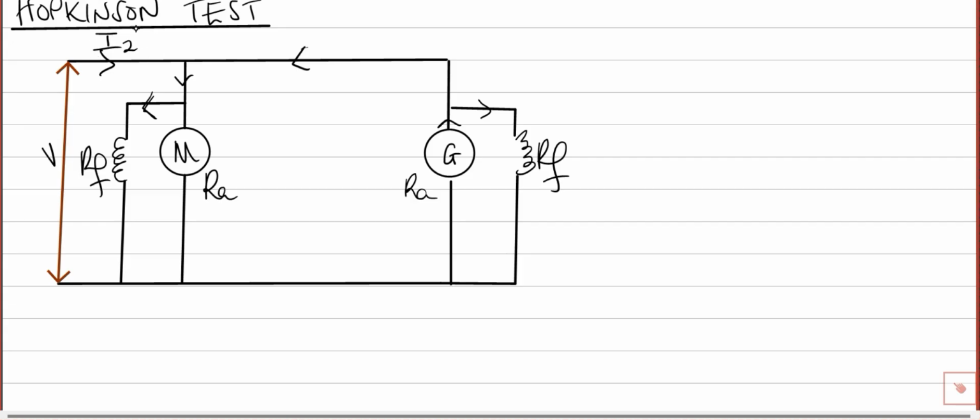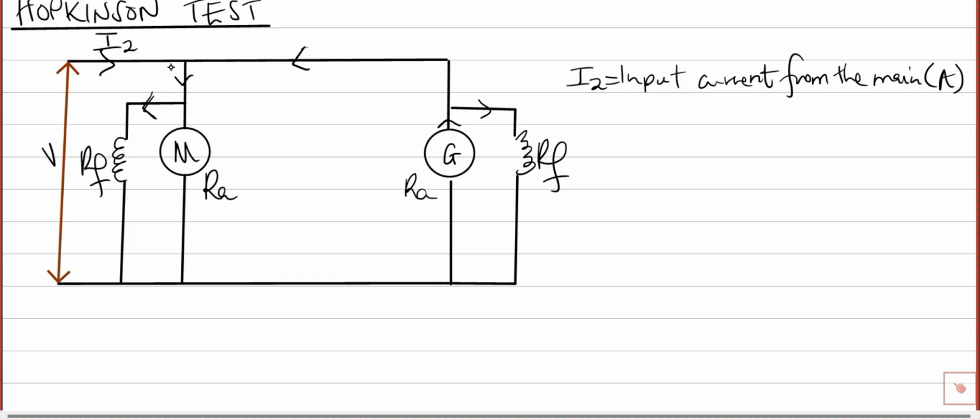The mission is to make sure we know the names of all the currents throughout the circuit. I2 is referred to as the input current from the mains, or the main supply. Current is measured in amps.